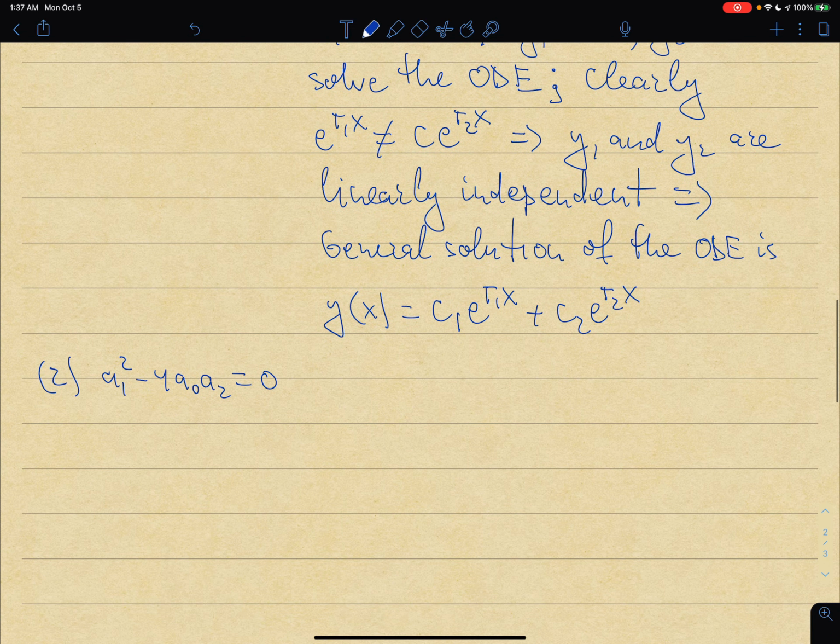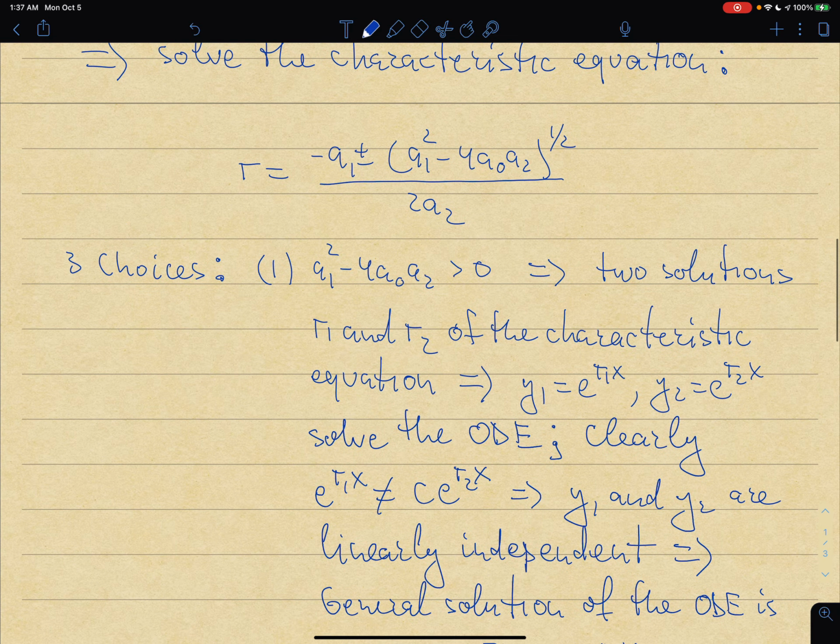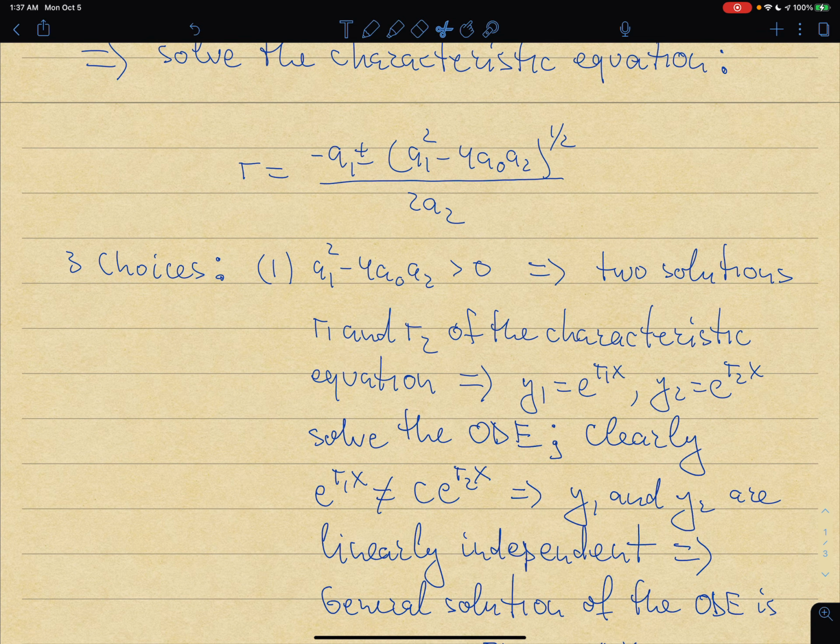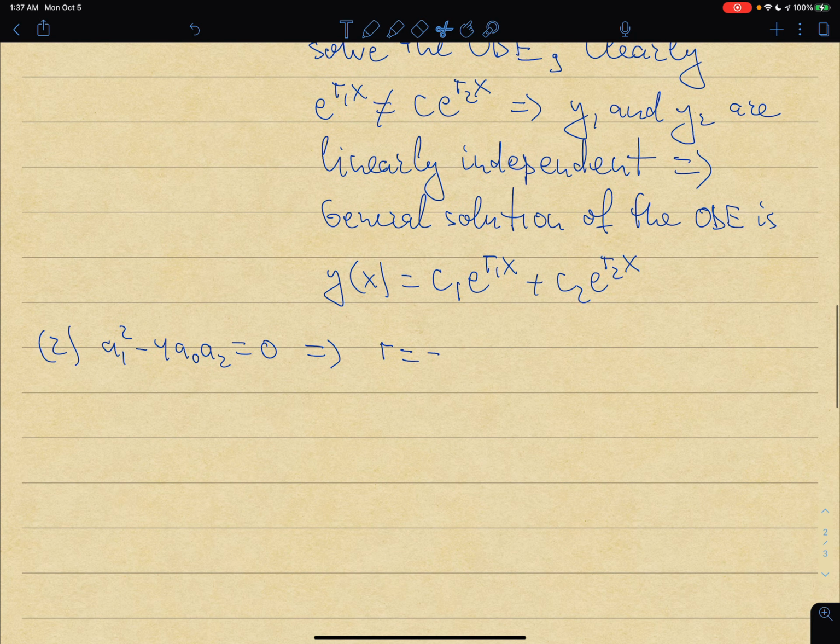All right, so what do we have in this case? Then r is going to be equal to minus a1, right? So if the square root is equal to 0, then you have only one solution, right? Because minus a1 plus minus 0 is just minus a1. So minus a1 over 2a2 is the only solution of the characteristic equation.